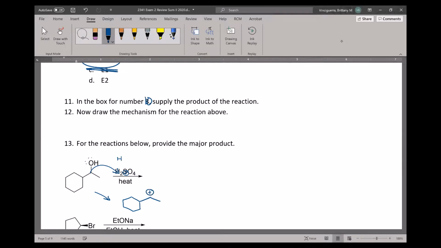Okay, hold up real fast. So we have a secondary carbocation. Is this the best one we can make? No. Where else could we put it? The ring.